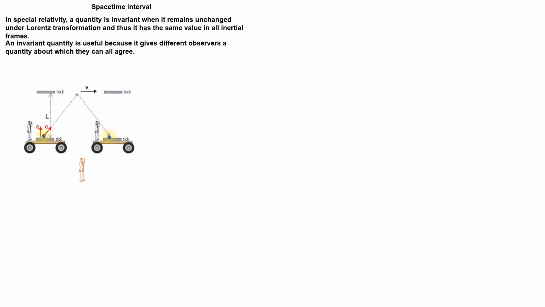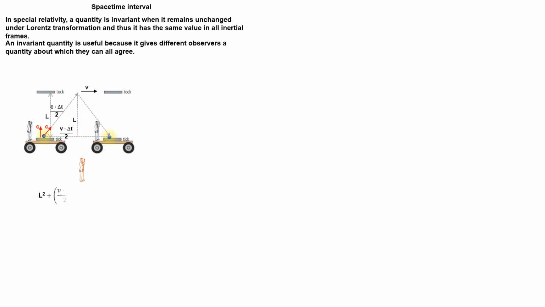So the light is following a longer path and thus will take a longer time. The interval between ticks is therefore not the same. However, the distance between the mirrors is the same.